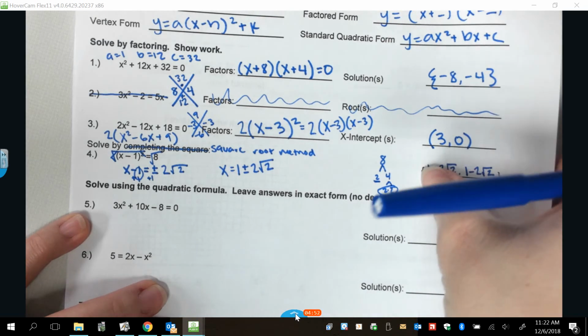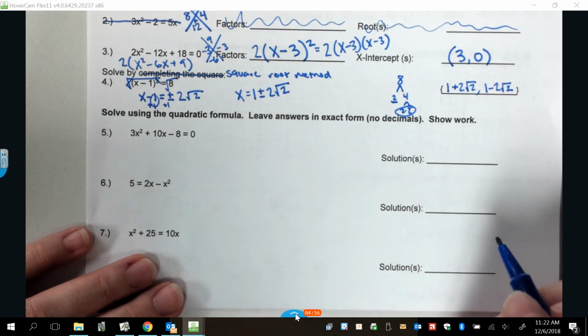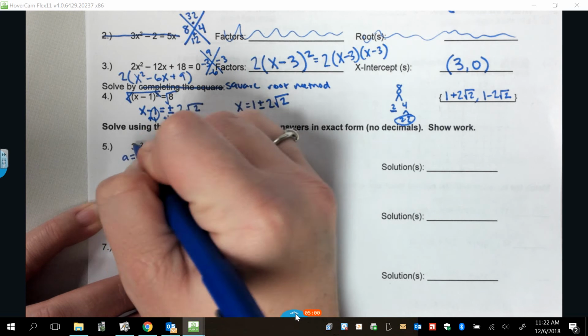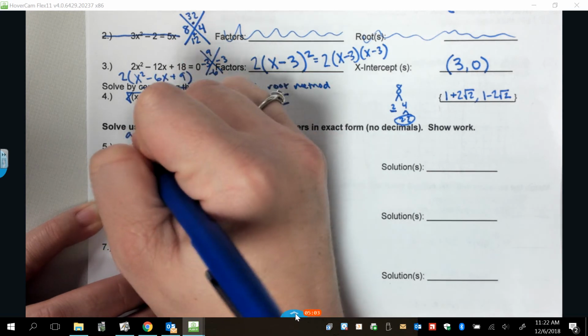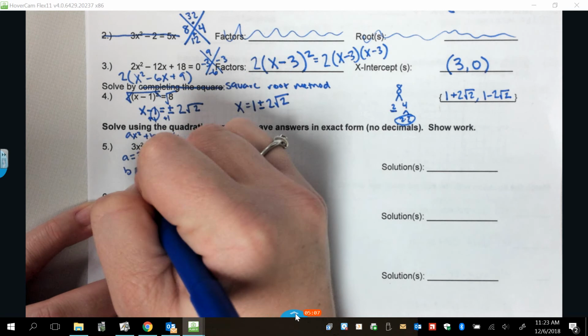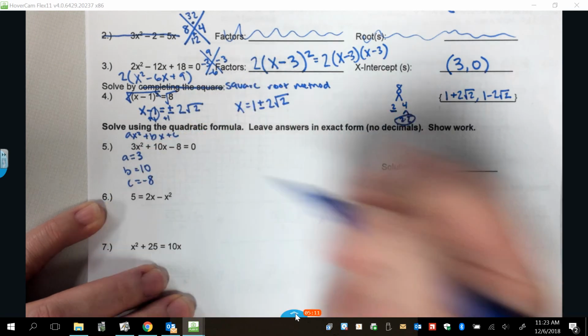Okay, these want us to use quadratic formula, which remember we just wrote at the top. Okay, so I need to find my a, b, and c first. A is 3, because remember it's ax squared plus bx plus c. So b is whatever's in front of x, and c is whatever's alone, which is negative 8.